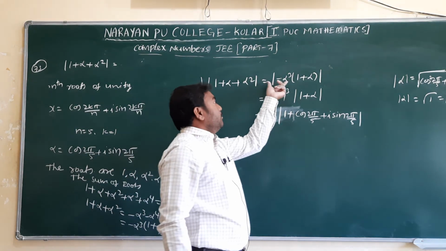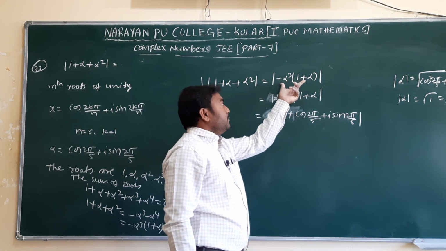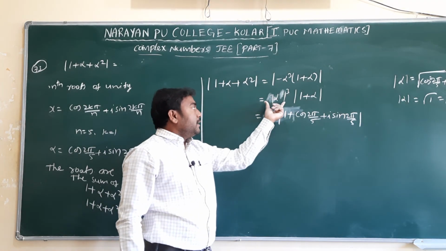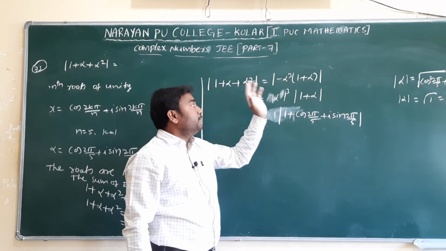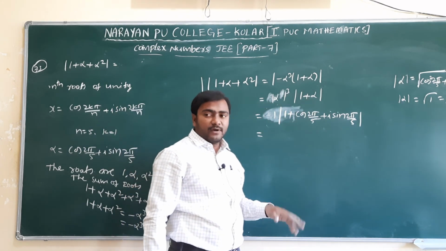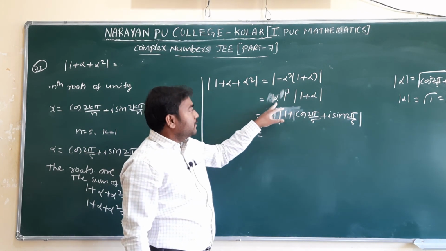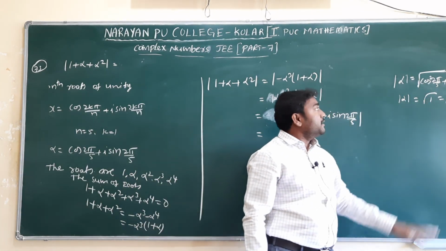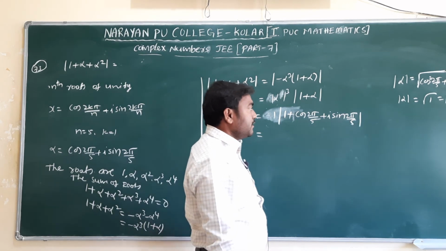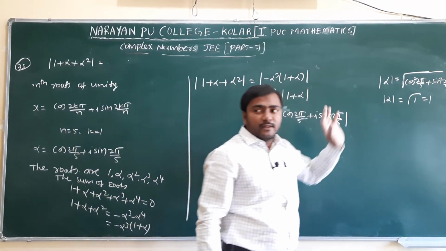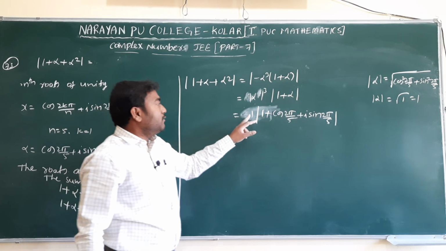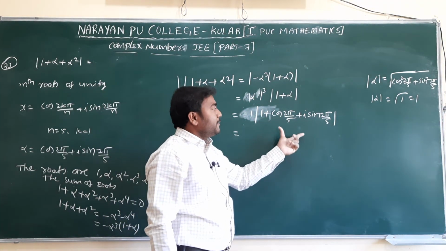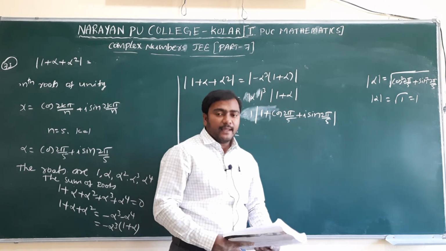Modulus of minus alpha cube into 1 plus alpha can be written as modulus of alpha whole cube into modulus of 1 plus alpha. Already we know the modulus of alpha: modulus of alpha is equal to square root of cos square 2 pi by 5 plus sin square 2 pi by 5, so modulus of alpha is equal to 1. So it can be written as 1 cube into 1 into modulus of 1 plus cos 2 pi by 5 plus i sin 2 pi by 5.